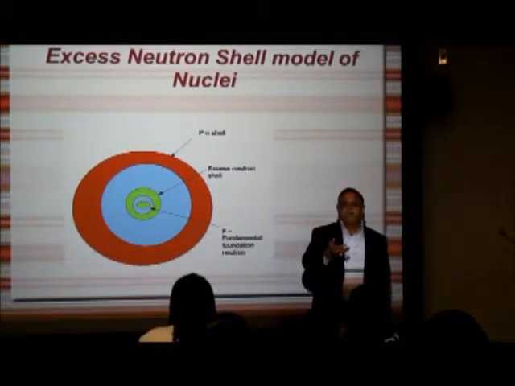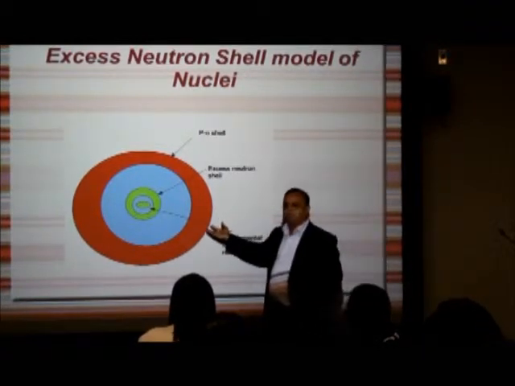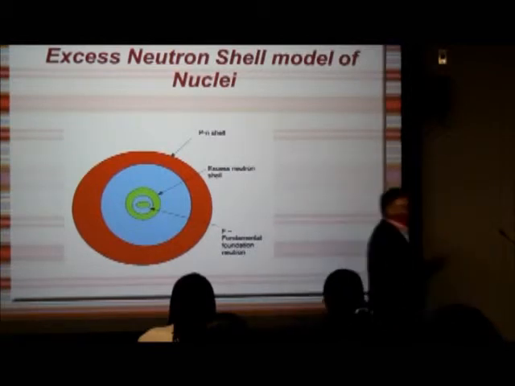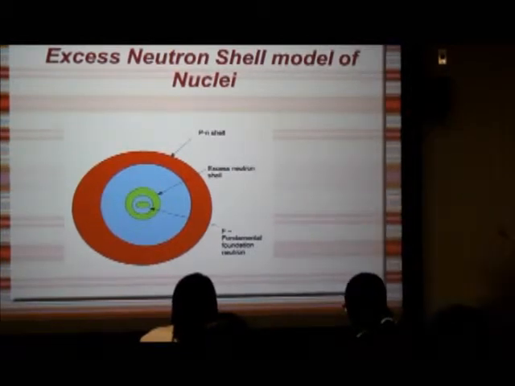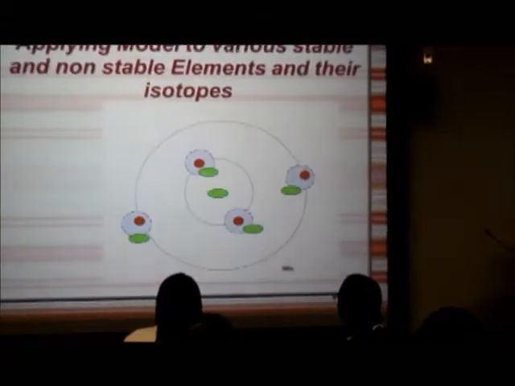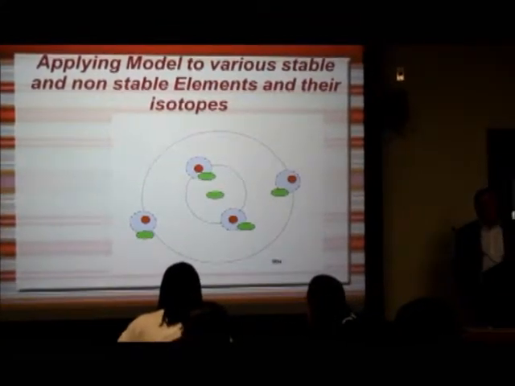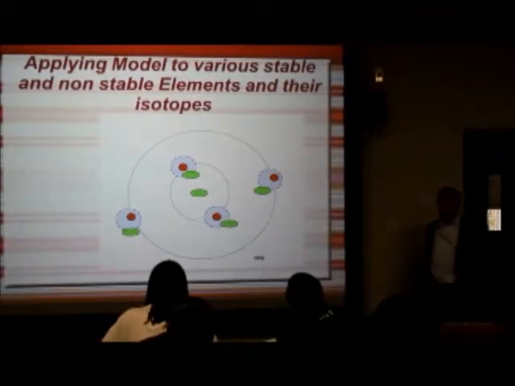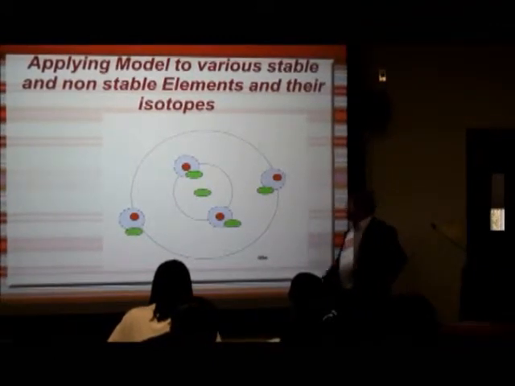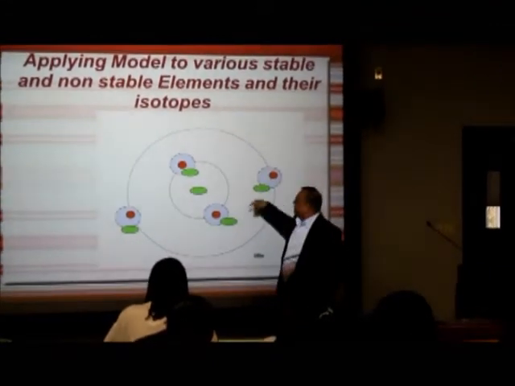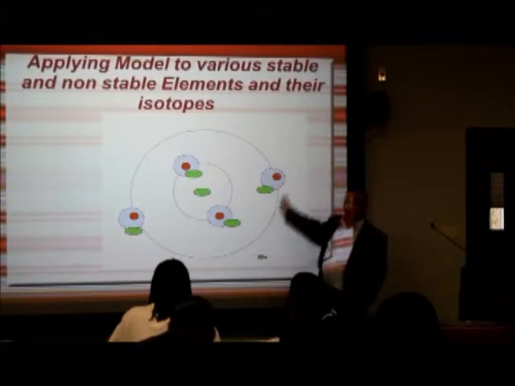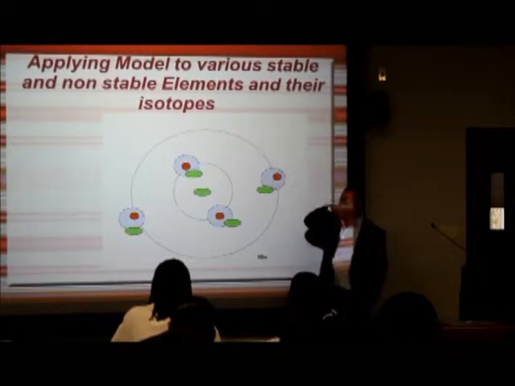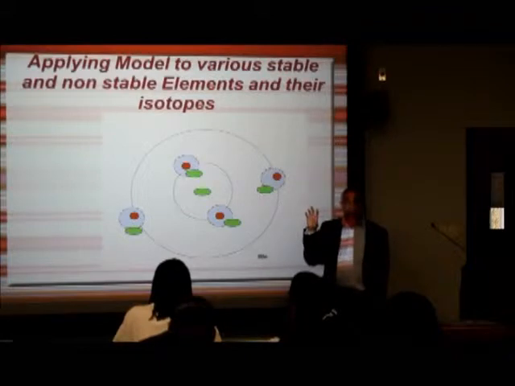Now, using this model, I have this isotope of beryllium, Be, which has 4 protons, which are red, and it has 5 neutrons.